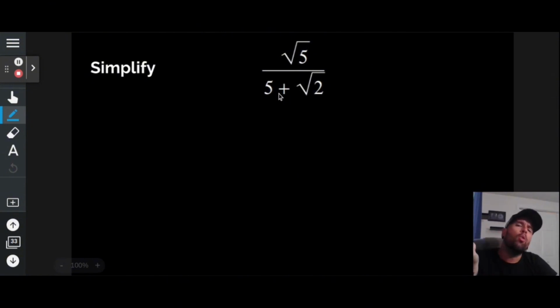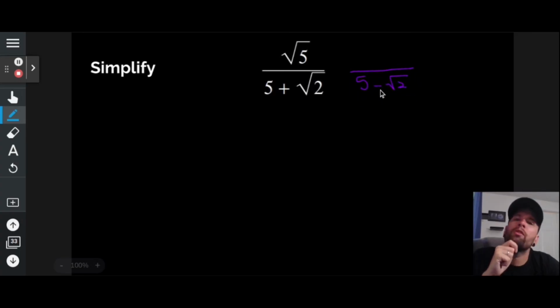Okay, if you are adding or subtracting in the denominator and you have a square root in the denominator, what you do is you multiply the numerator and the denominator by what's called the conjugate. And the conjugate is whatever guy that is, but flip the sign in the middle. This is difference of squares.